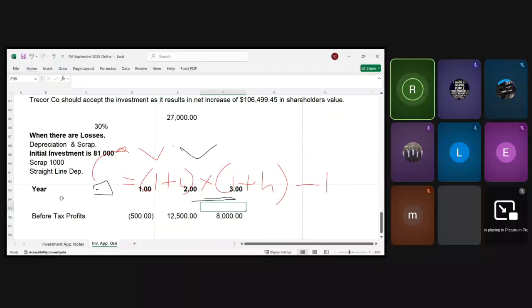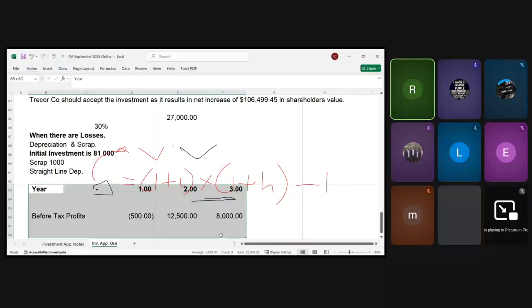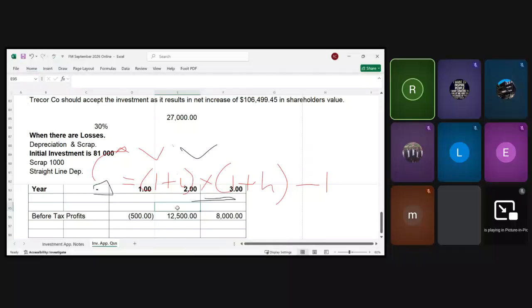We have this as a scenario. After we have found our profits, we found out that in year 1 there is a loss. So this loss now is supposed to be rolled over to year 2, and it reduces the taxable profits for year 2. So your tax in year 1 is going to be 0 because the project made a loss.